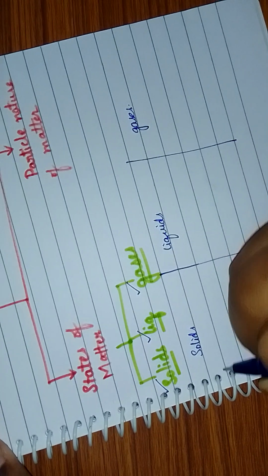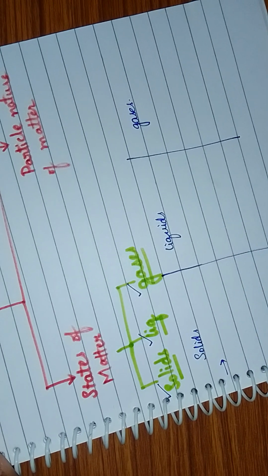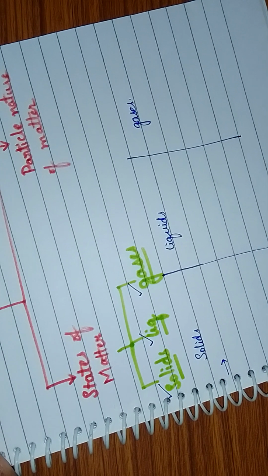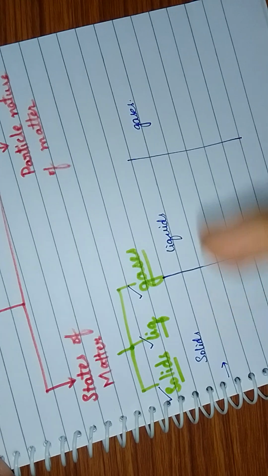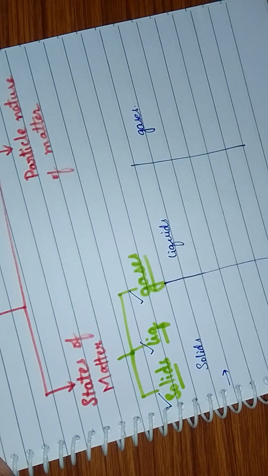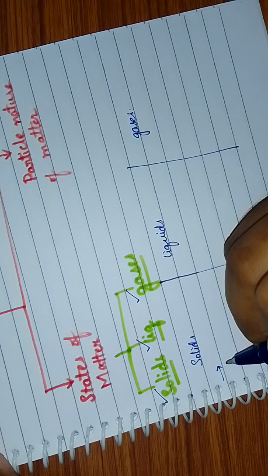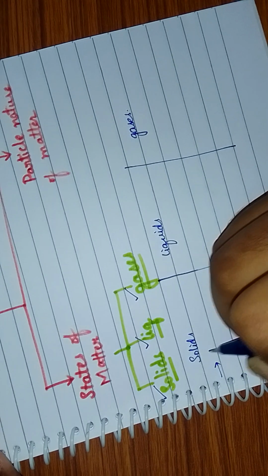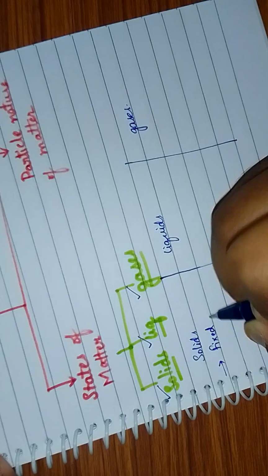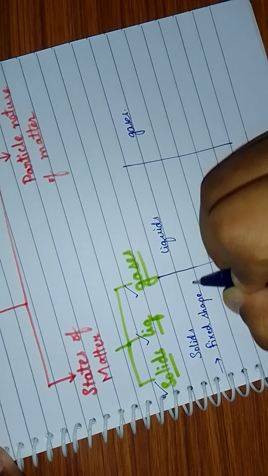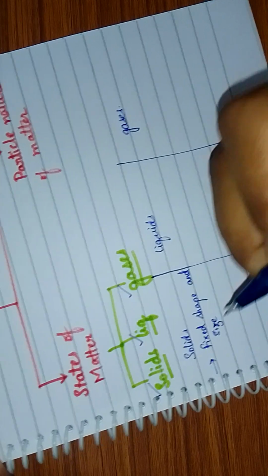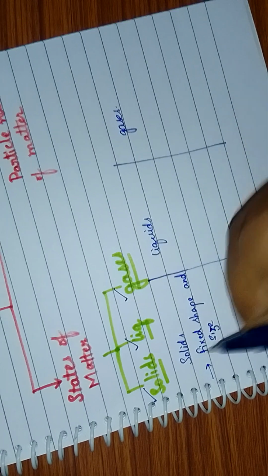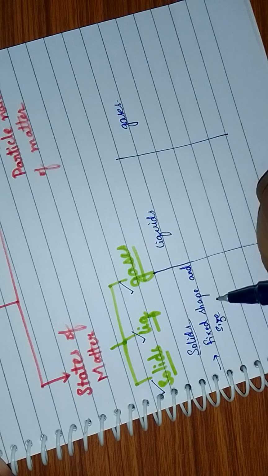So, what is the first basis or property which defines a solid, liquid, or gas? Whether they have a shape or not. Solids have fixed shape and size.